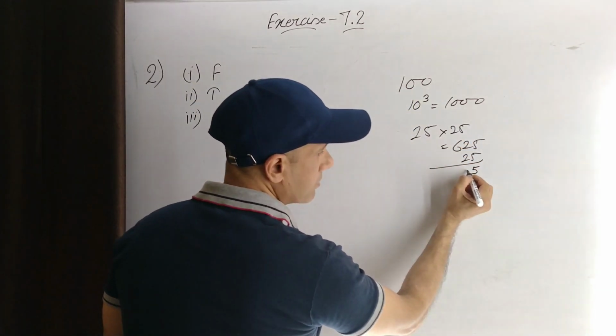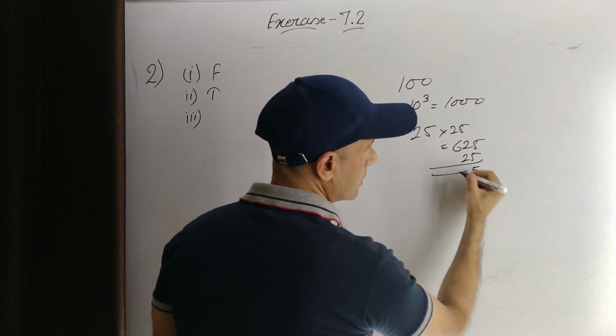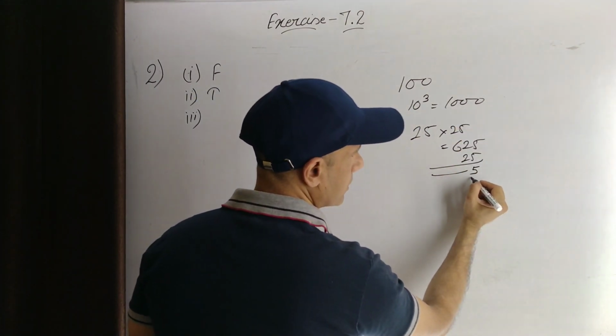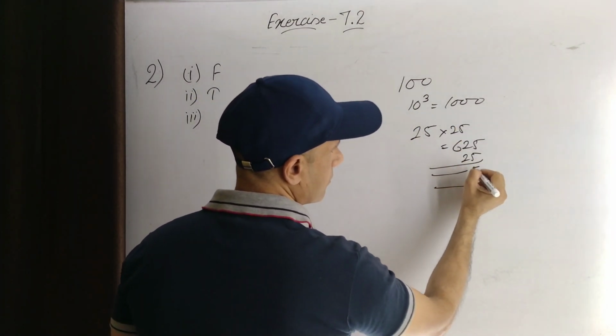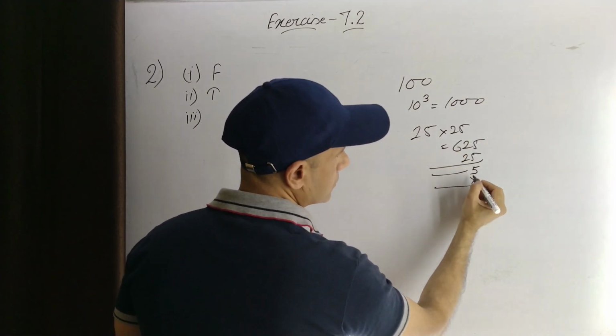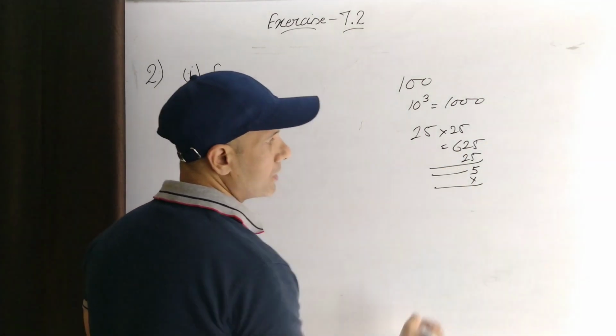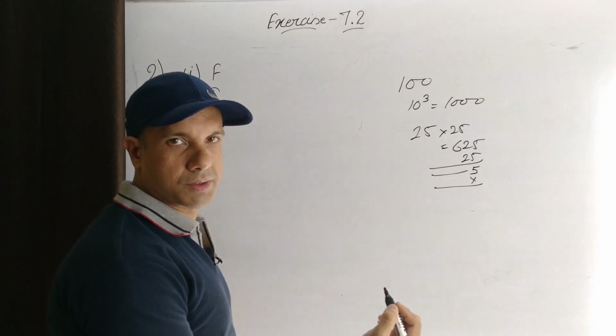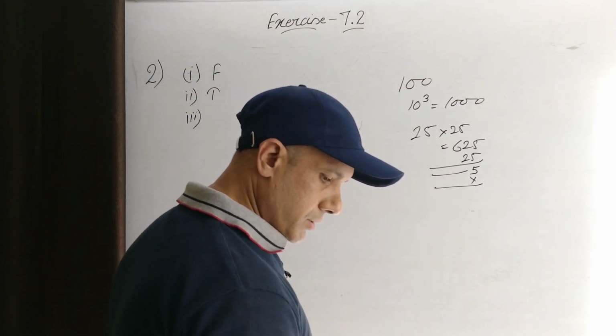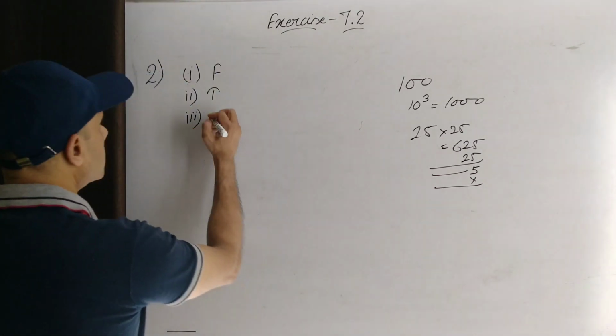We need not multiply, we can multiply and check, but this might take more time. As a principle, you must remember, when you multiply with 5 and then 2, we cannot comment upon the tens digit in any case. So this statement is false.